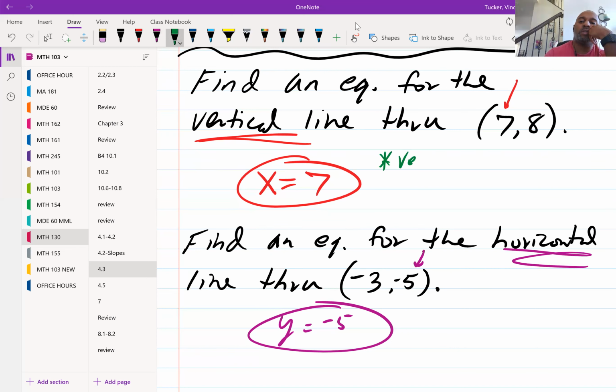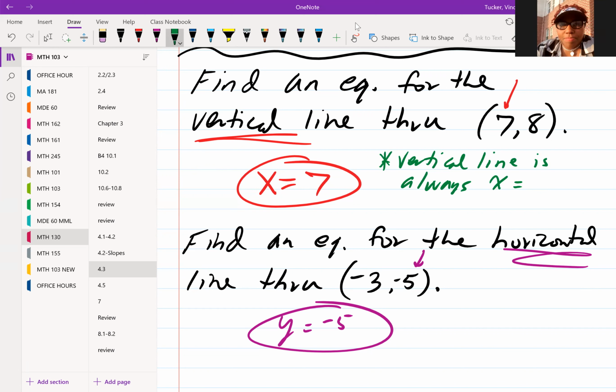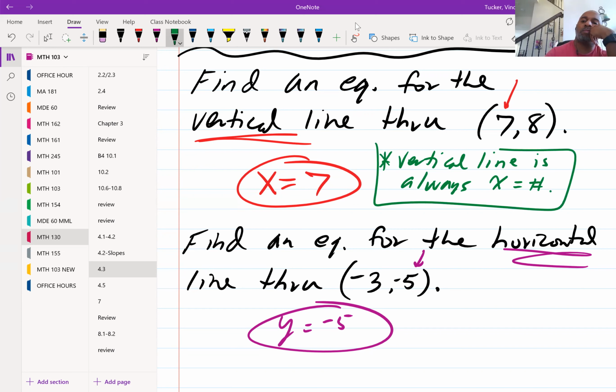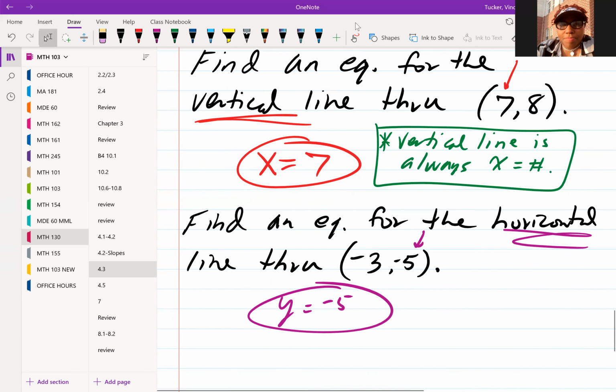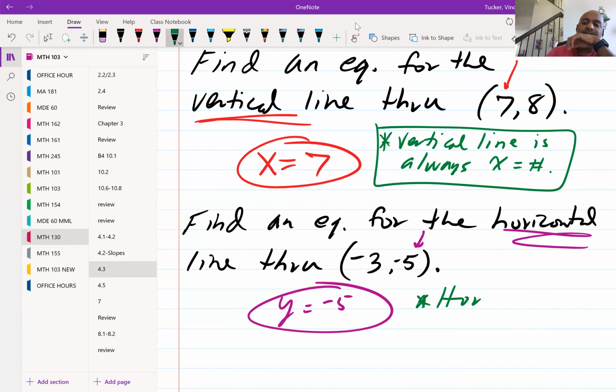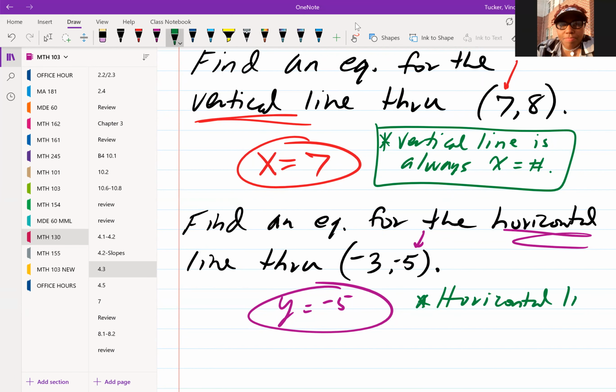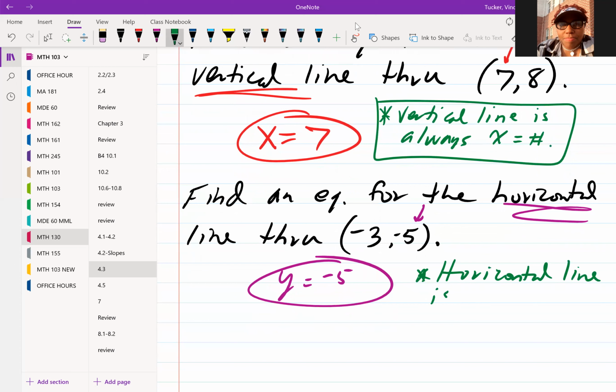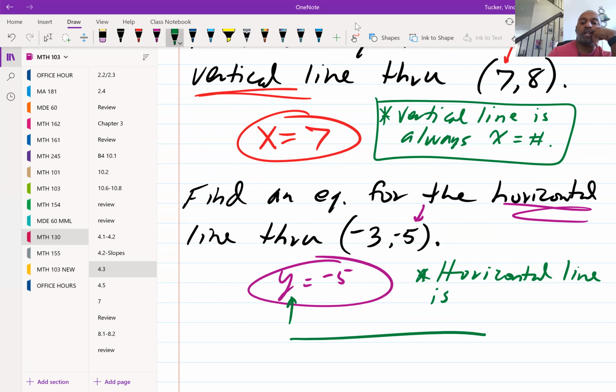So it's always the opposite. Horizontal is y, but on the graph, it's still the Y. So you'll have a horizontal line at -5.